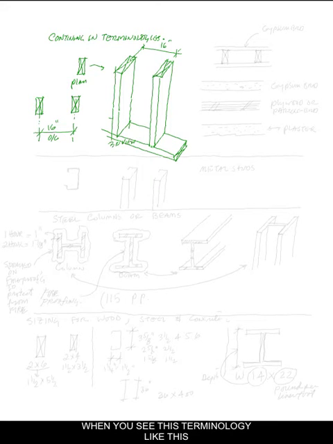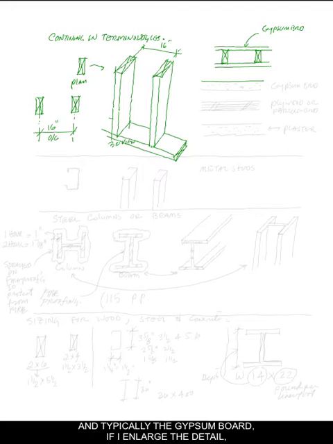and this dimension from here to here is 16 inches. When you see this terminology like this, and then you see a layer and a layer like this, depending on what this material is, this can be a gypsum board, and typically the gypsum board, if I enlarge the detail, is shown like this.